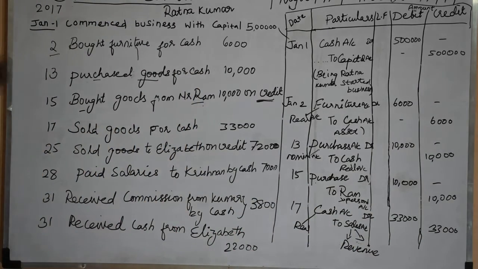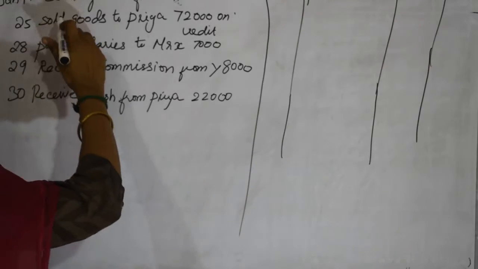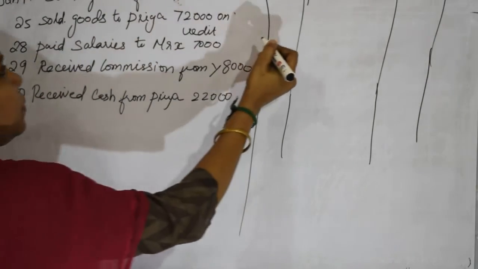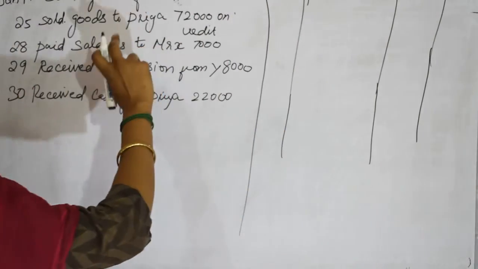Next thing is January 17th, sold goods for cash 33,000. So debit the receiver, credit the giver.